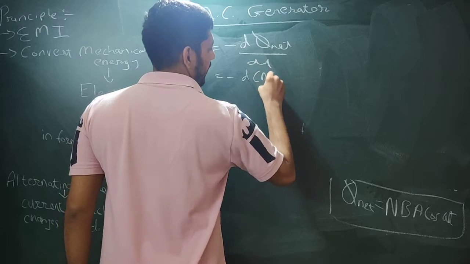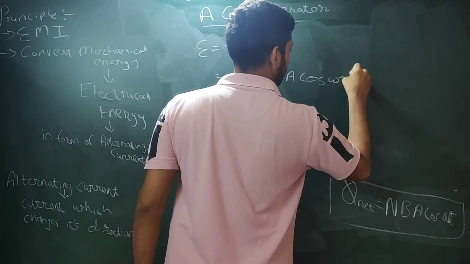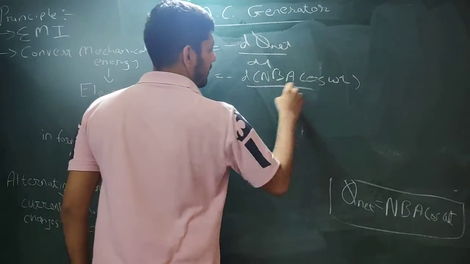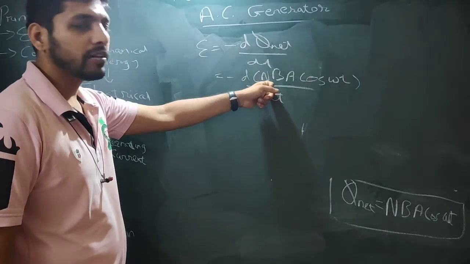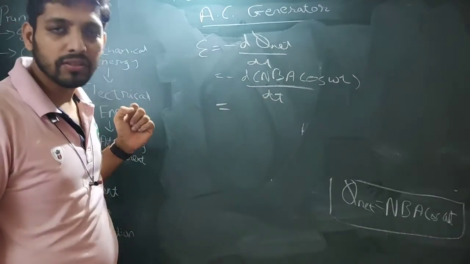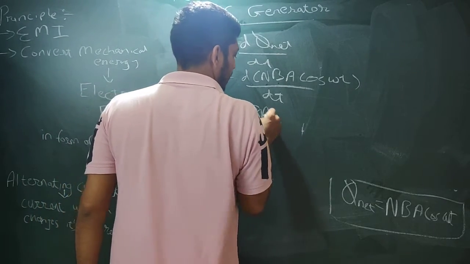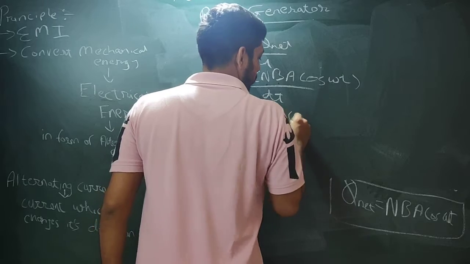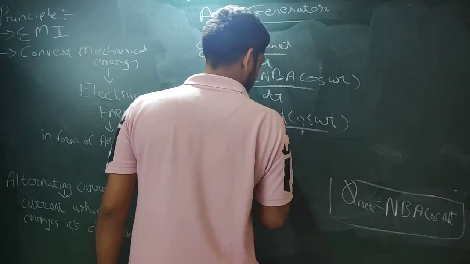So minus d of N B A cos omega t divided by dt. Here n is the number of turns, which is constant, the magnetic field remains constant, and the area also remains constant. So I can take them out: minus N B A, d of cos omega t divided by dt.